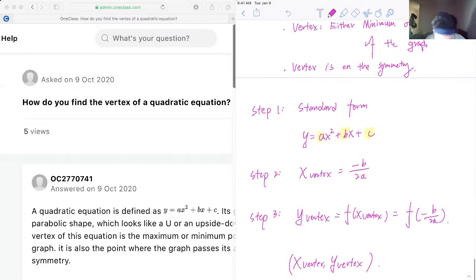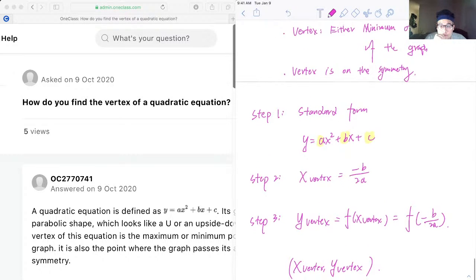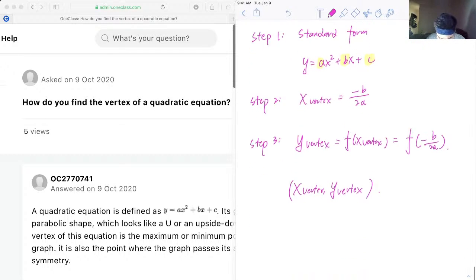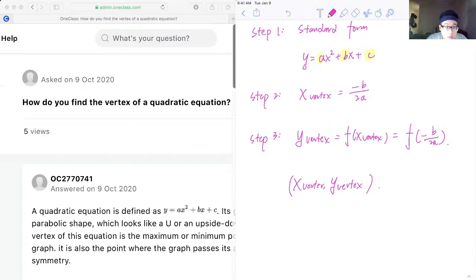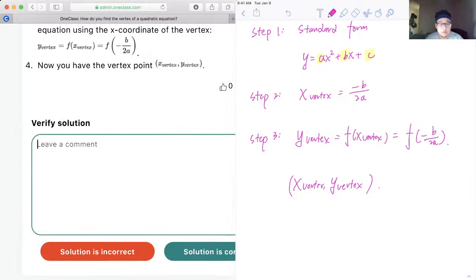Yep, so that's how we find the vertex of a quadratic equation. Alright, so let's leave a comment. Solution is correct.